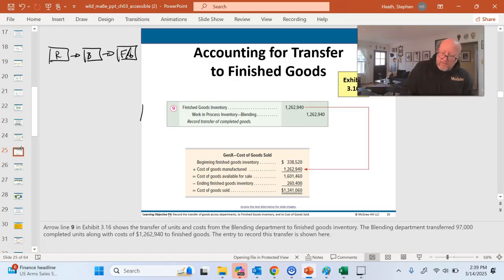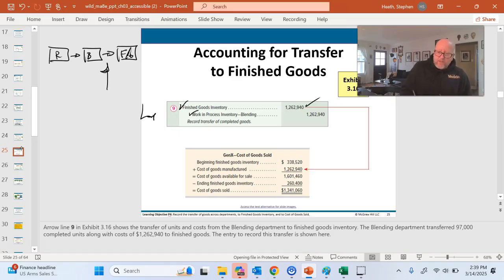In this journal entry, we're taking it out of the blending department. That is an asset account, an inventory account. And we're putting it into finished inventory. That is also an inventory account. The total amount.